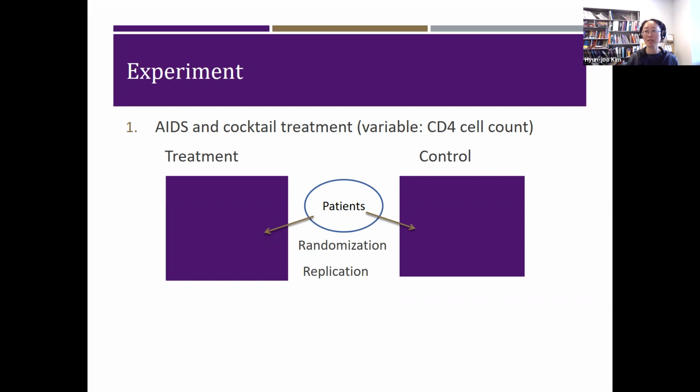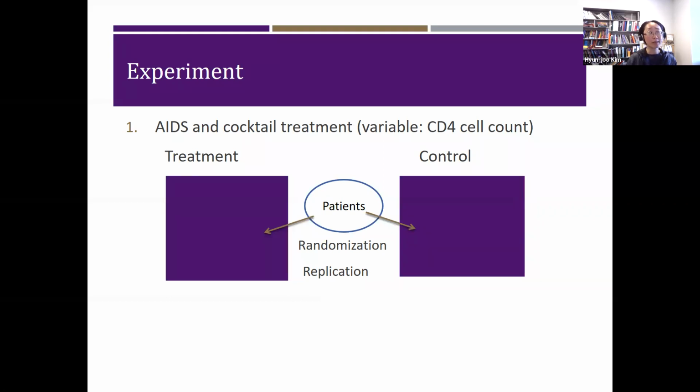As you can probably guess, it is just a combination of all kinds of different pills, and you take them at one time. In this example, the variable the doctors care about is something called CD4 cell count. So that will be our variable.